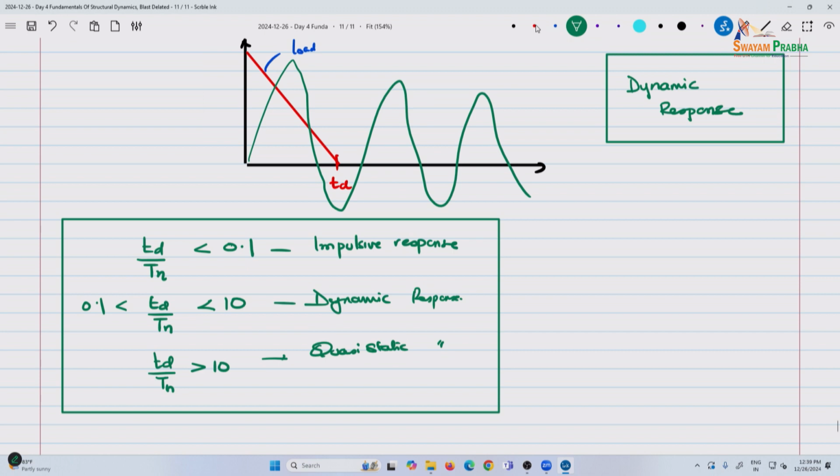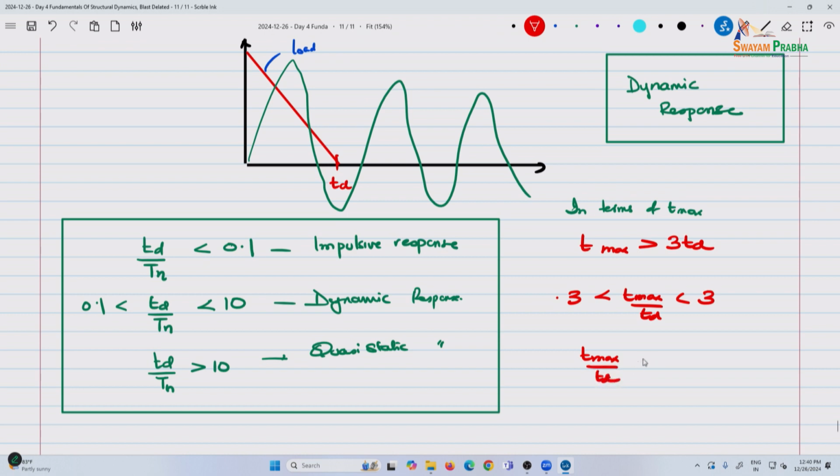And in terms of T max, you have in impulsive T max greater than 3 Td. I mean, there is no exact number, I am just giving some ideas, somewhere between 0.3 less than T max by Td less than 3 T max by Td.